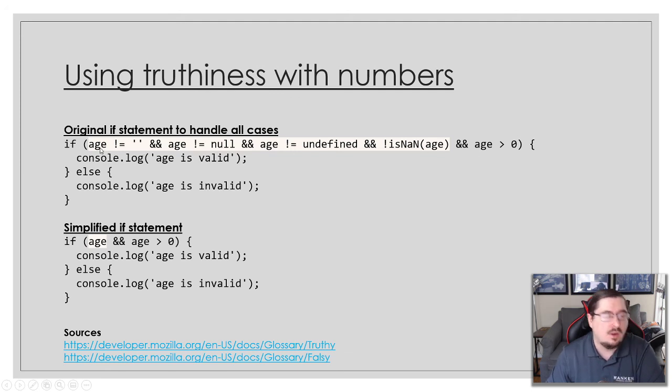I have to check all of these special cases one by one. Let's make sure your age isn't an empty string. Let's make sure your age isn't null. And your age also can't be undefined. And it can't be not a number. And it has to be greater than 0. So all of these things have to be true, and if that's the case, then your age is valid. Otherwise, if any of those things are not true, then your age is invalid.